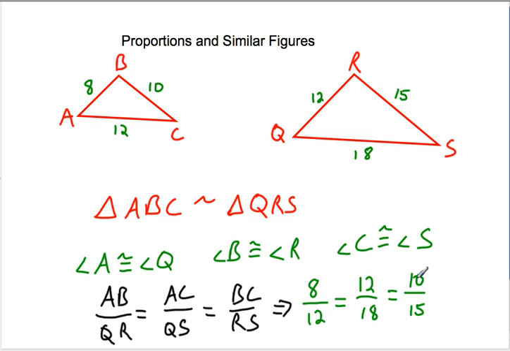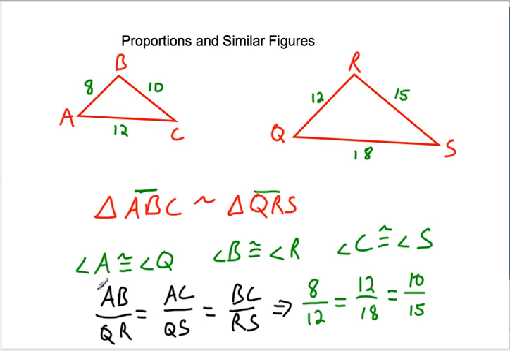And so by having similar triangles, not only are there equal angles, but the ratios of certain sides to certain sides are always going to be the same. We call these corresponding sides. Notice A and B are next to each other here, so they correspond to QR.